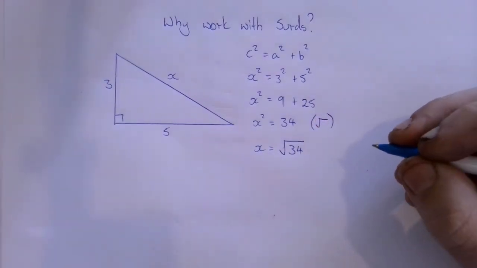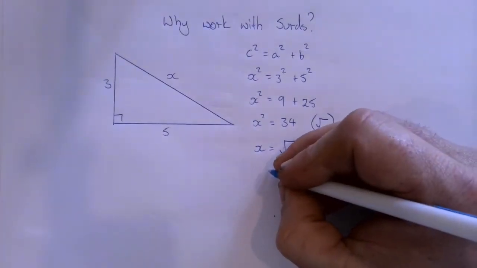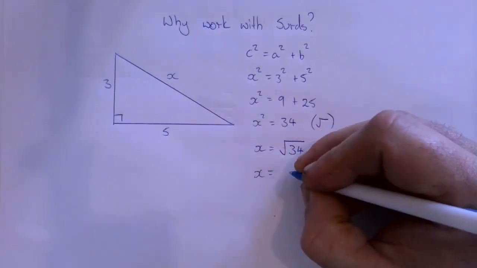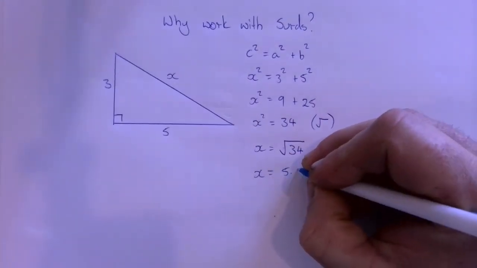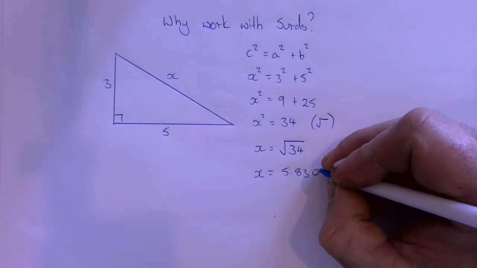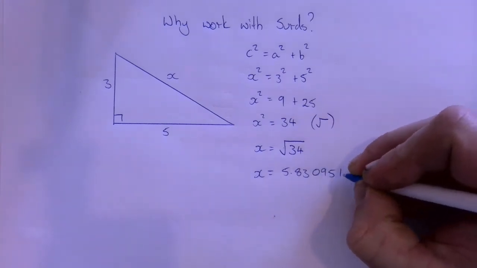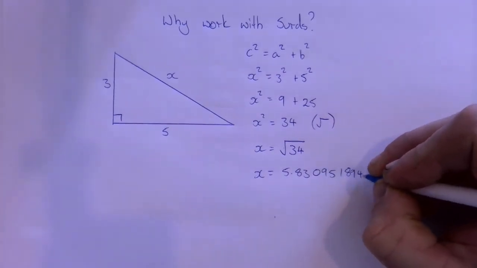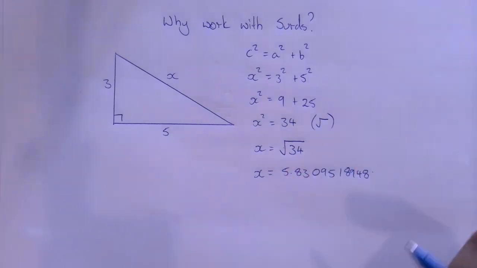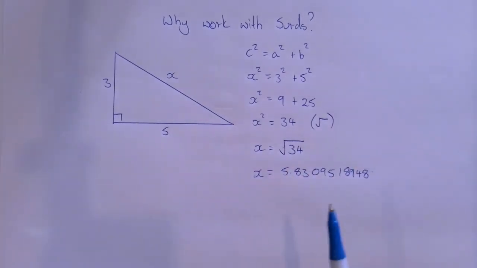In mainstream, what we would do is we'd put that into our calculator and we'd find that x is 5.8309518948. This is an irrational number.